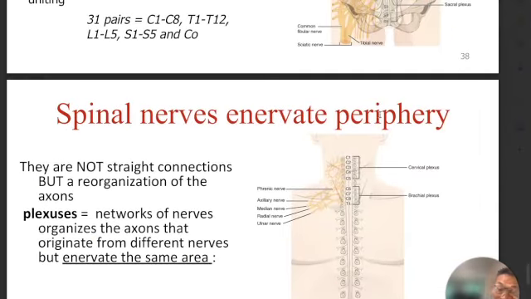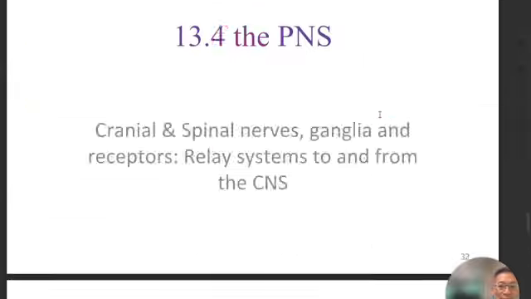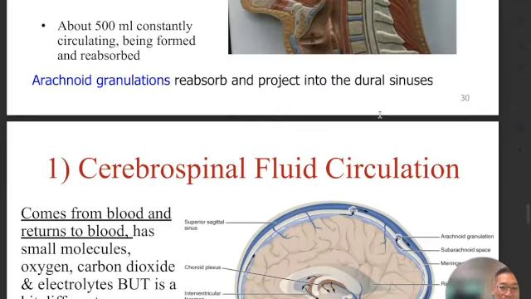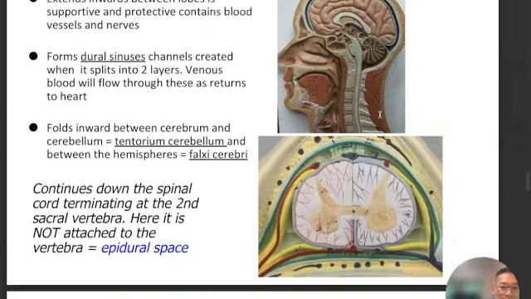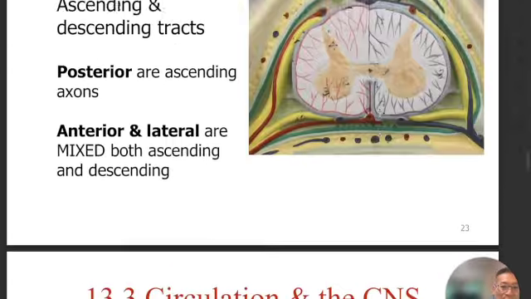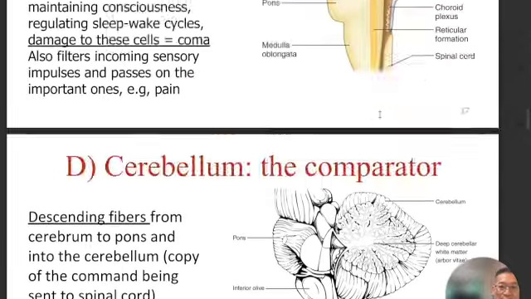The cross section of the brain is pretty confusing. You just gotta try to remember all the landmarks, where it is, like the lobes.